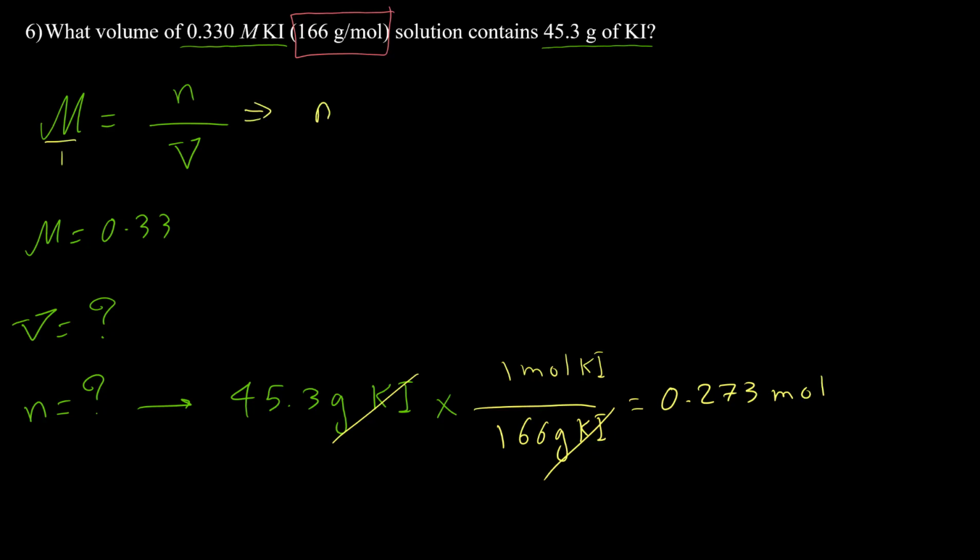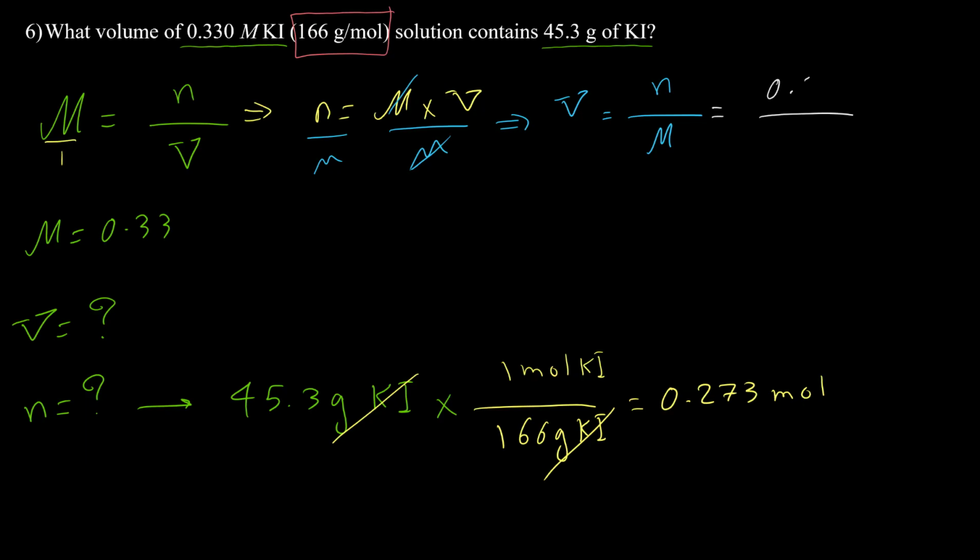If we cross multiply again, n is equal to molarity times volume. If we divide both sides by molarity, then the formula is volume is equal to n over molarity. We are also able to find the answer from stoichiometry of solution, which I explained in another video.